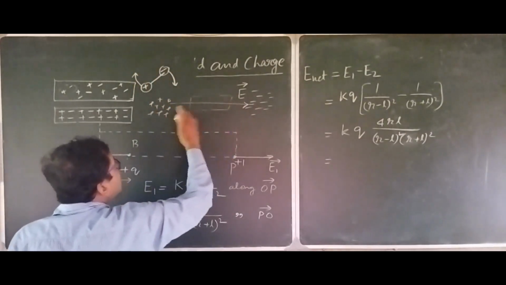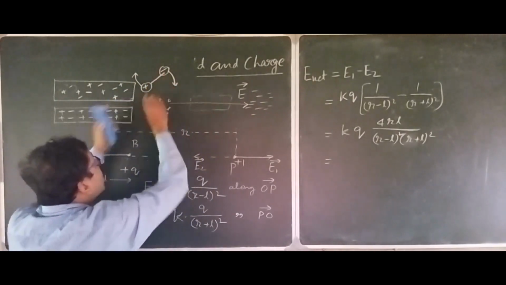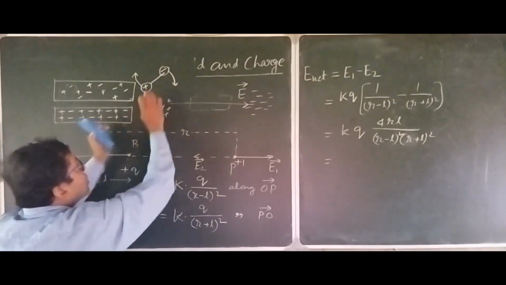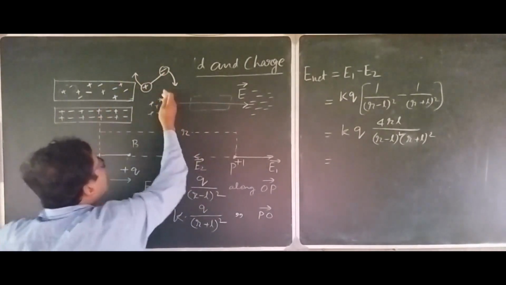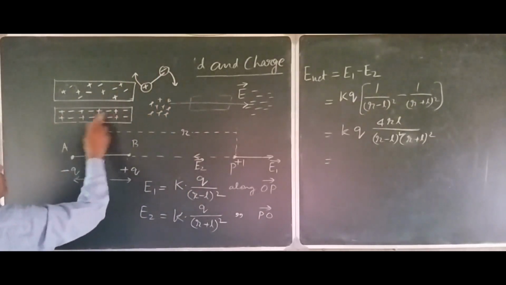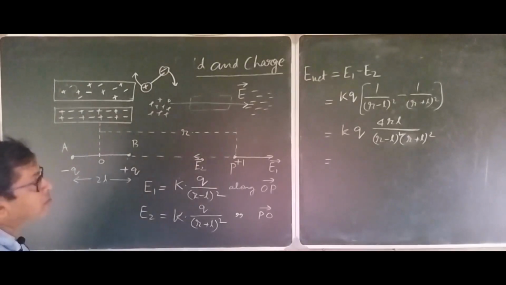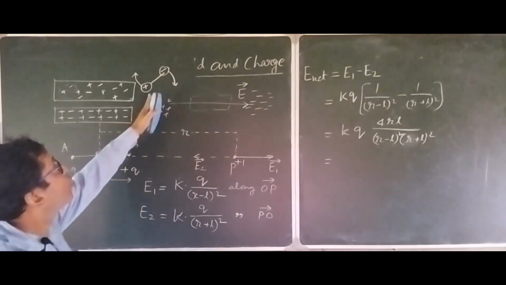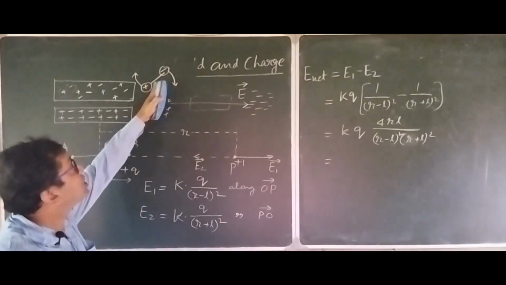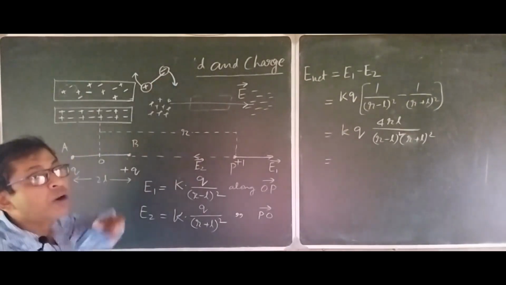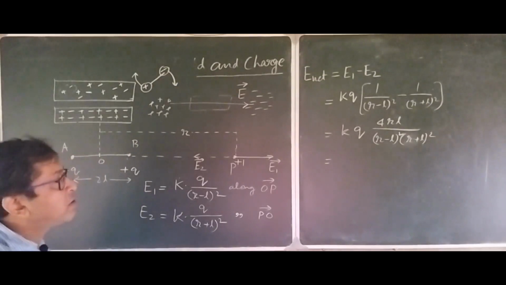This energy applies a torque on each dipole to rotate them, to make them aligned in this kind of manner. And that tendency to rotate produced inside the dipole is called electric dipole moment.